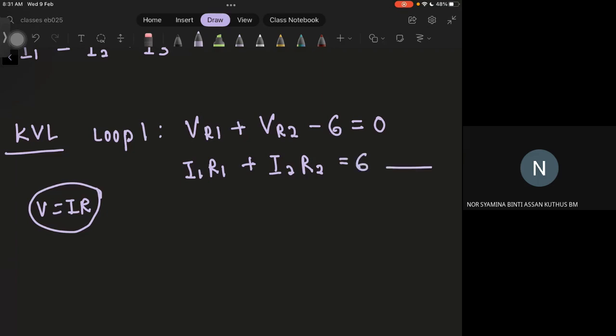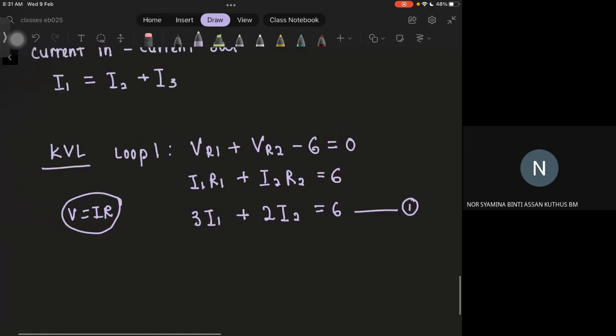Kita boleh ambil ini sebagai equation 1. Kita ada tak value R1 dan R2? Kita ada kan? So instead of jadikan ini equation 1, kita terus substitute masuk. So R1 kita adalah 3 I1 plus 2 I2 equals to 6. So I'll make this as my first equation.